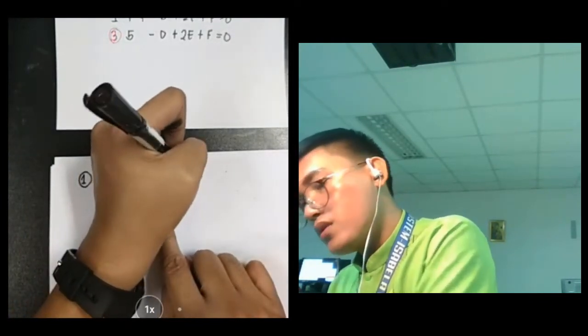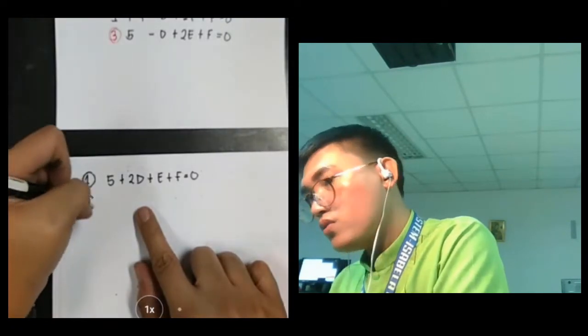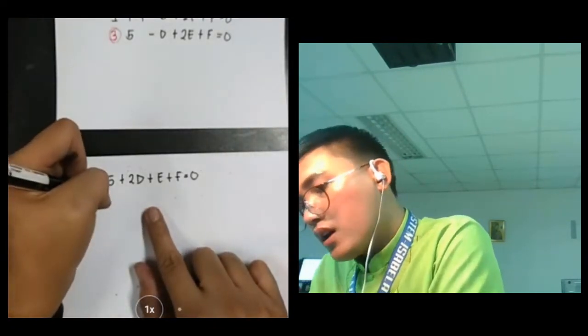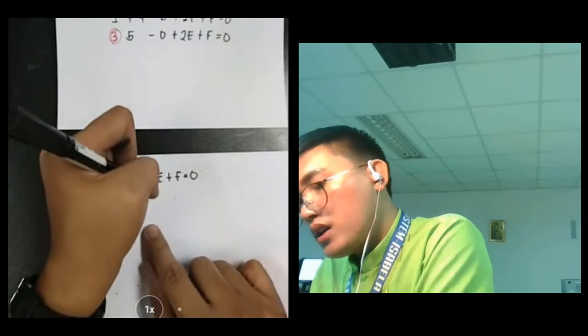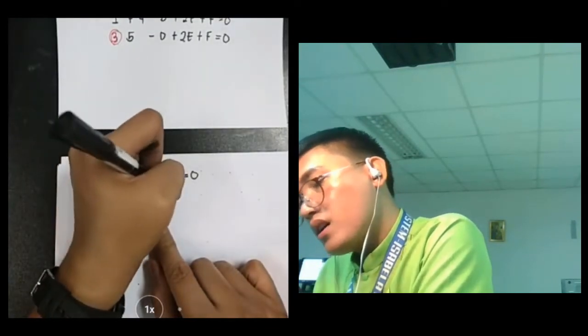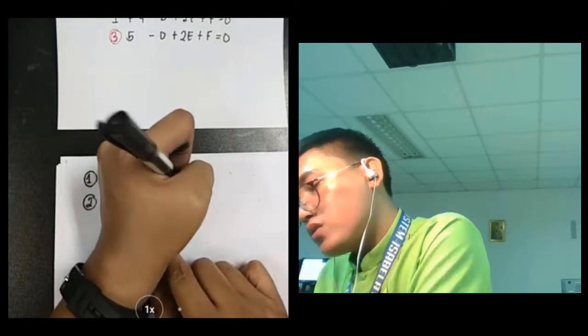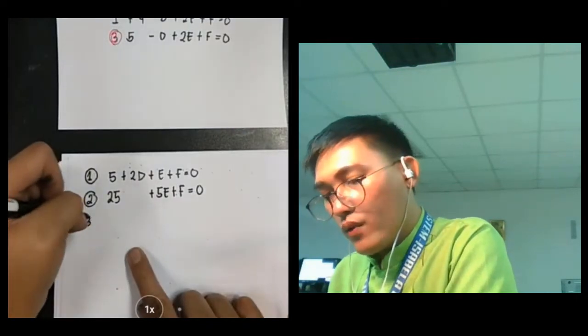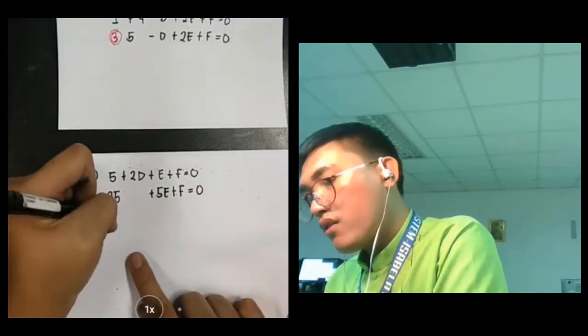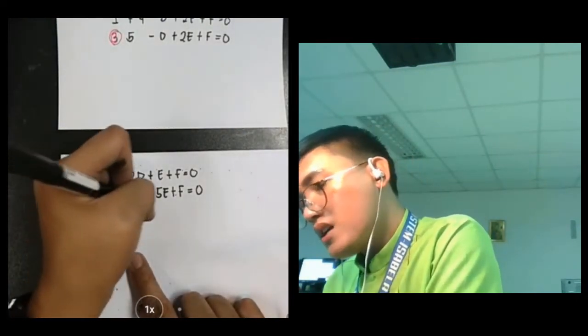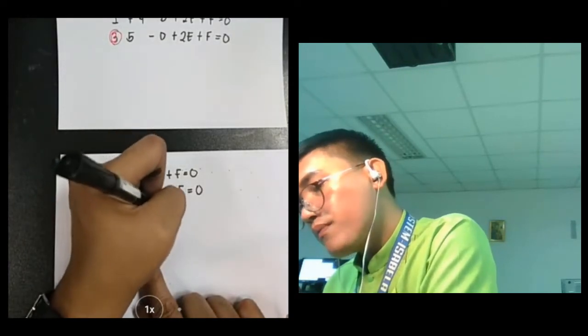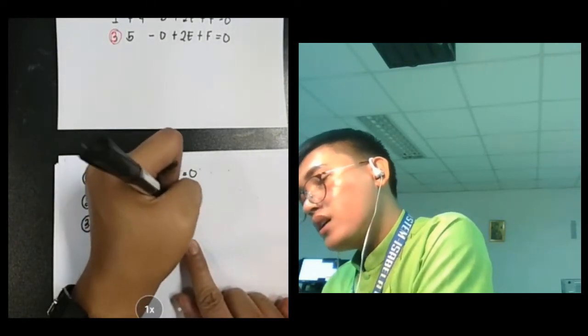For equation 2, we have 25 plus 5e plus f is equal to 0. For equation 3, we have 5 minus d plus 2e plus f is equal to 0.